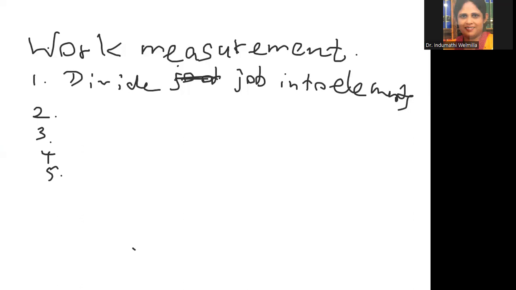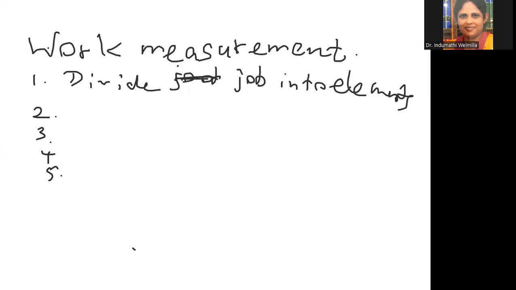The second objective is that realistic schedules and workforce requirements can be prepared by estimating the target time for each job. Another objective is analyzing alternative methods to compare performance time.